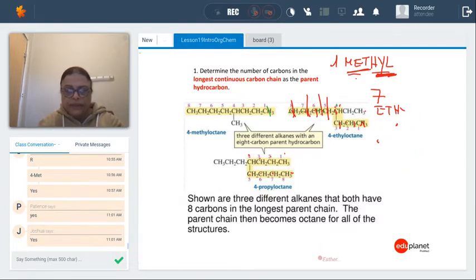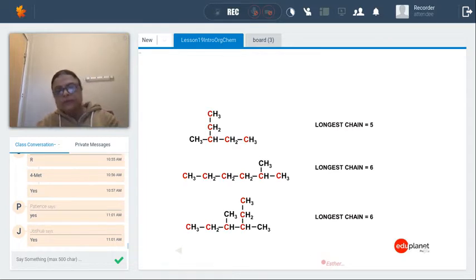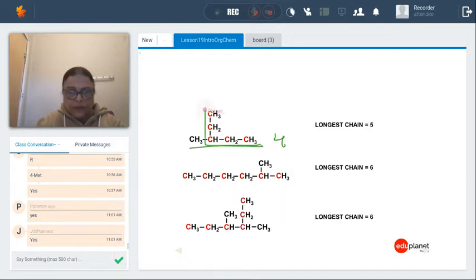Okay, so we will practice a little bit more. Let's look at the molecules in slide 29. What is the longest chain here? If I go this way, it will be 4. If I go this way, 1, 2, 3, 4, 5. This is pentane.